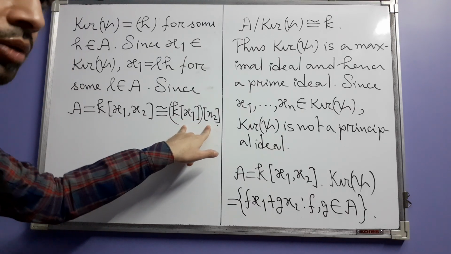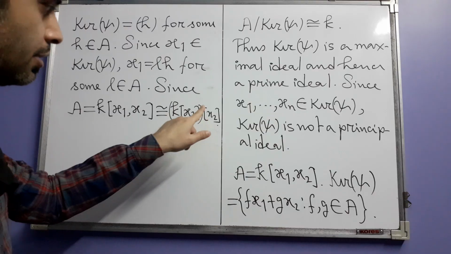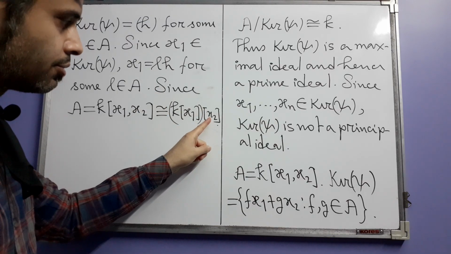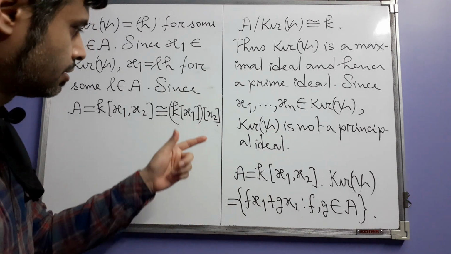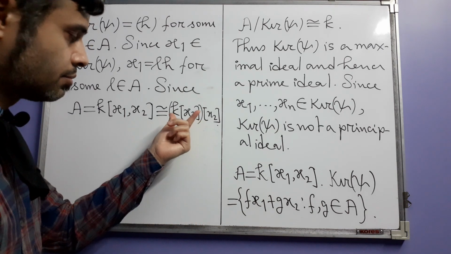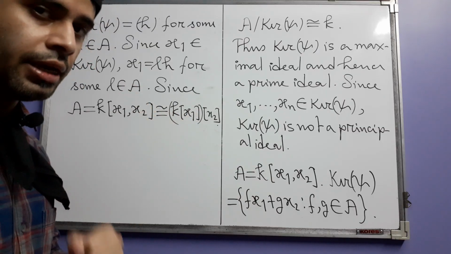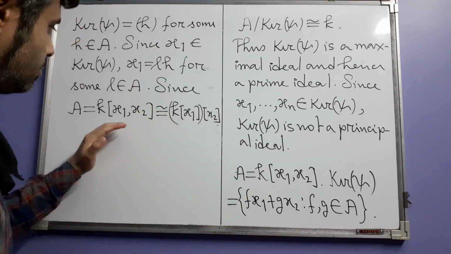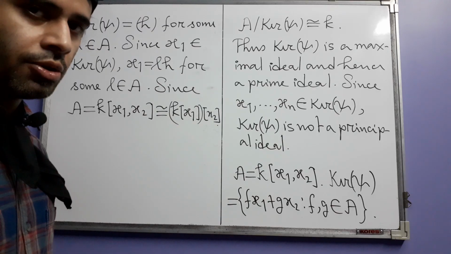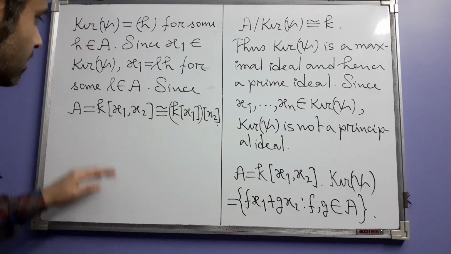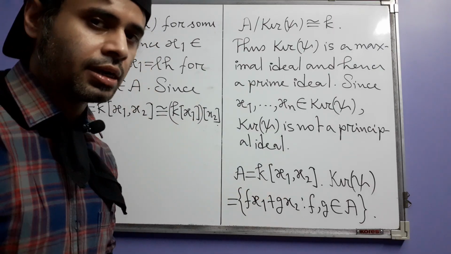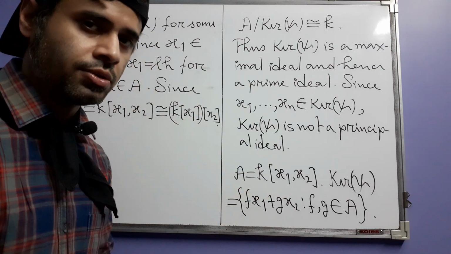This is also a polynomial ring, a single variable polynomial ring, where the variable or unknown is x2 and the coefficients are coming from this polynomial ring k[x1]. Actually, this is how you can realize this multivariable polynomial ring. In some definitions of this type of rings, this is how they are defined recursively, by adding more and more variables.